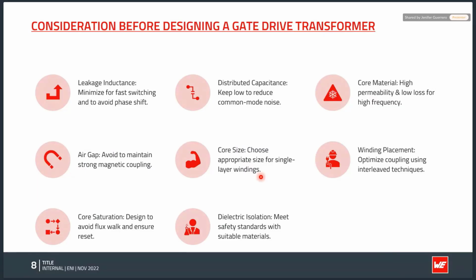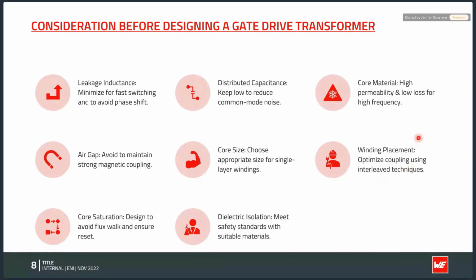Nevertheless, what we're trying to do here is have a core that is big enough to wind all the turns in a single layer. Why? Because this helps to minimize the parasitics, like the leakage, as I mentioned, and the interwinding capacitance. So slightly larger cores might be needed to achieve sufficient magnetizing inductance.